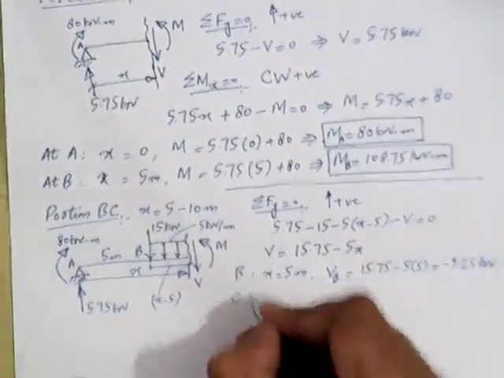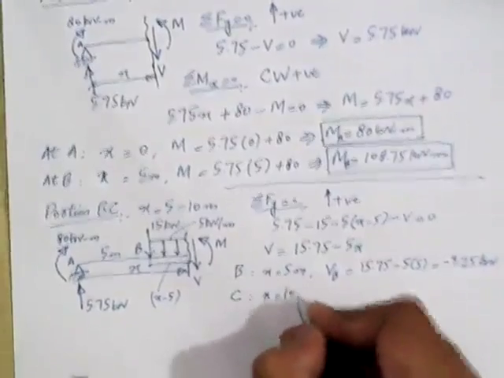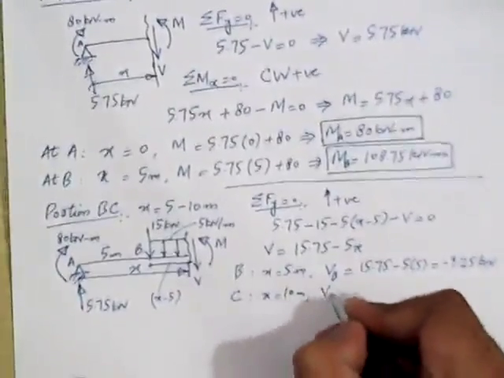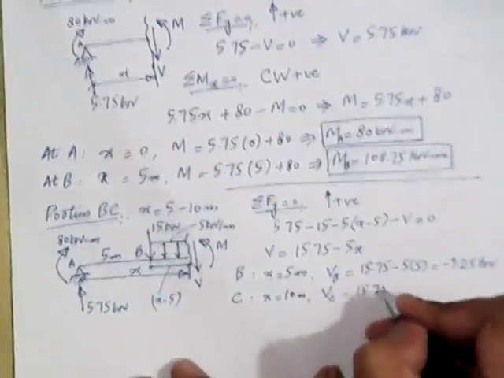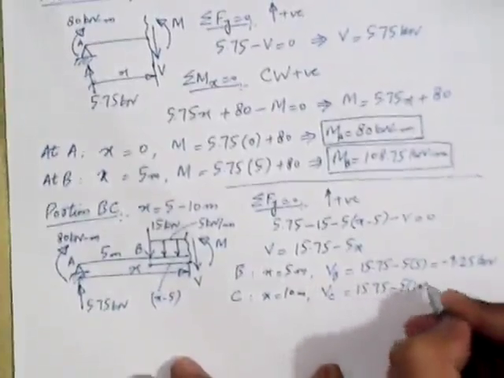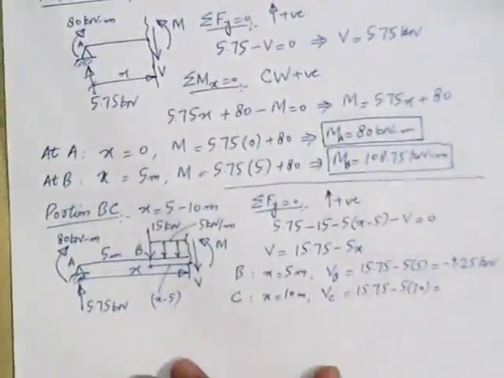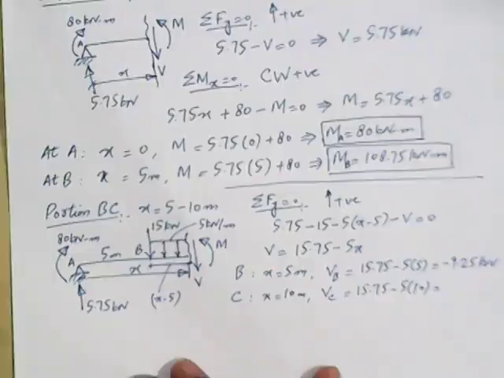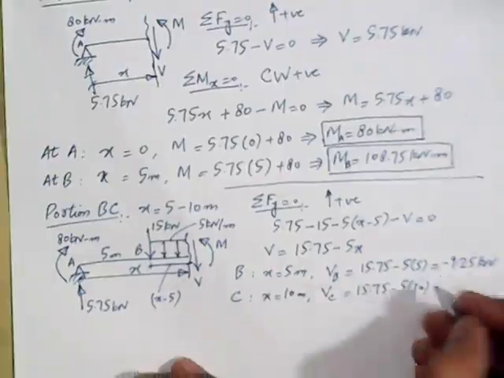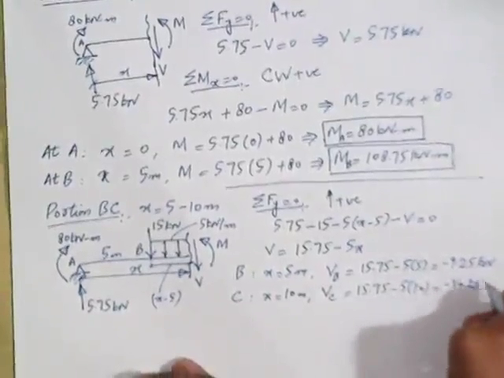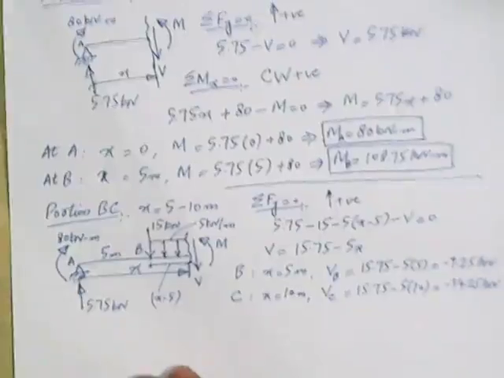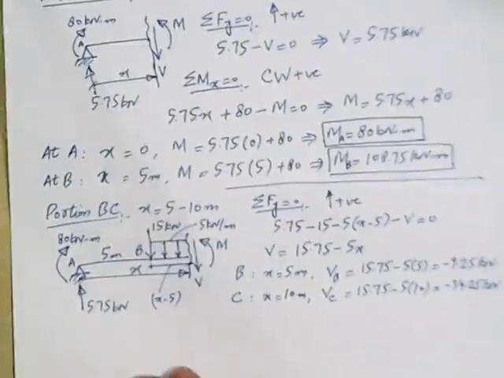And for point C, x is equal to 10 meters. So VC will be equal to 15.75 minus 5 into 10. So if we calculate the value of shear for point C, we will get minus 34.25 kilonewton. So this way we have calculated the value of shear for portion BC, and we have got it for both the points, point B and point C.